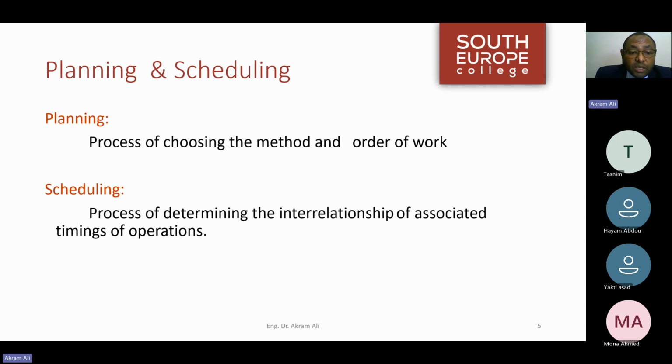However, scheduling is a process of determining the interrelationship of associated timings of operations. So when we speak about a plan or a roadmap, we define a broad or a global or an overall duration estimation. Like we have a certain project plan and we say this project is planned to last 2 years or 3 years.